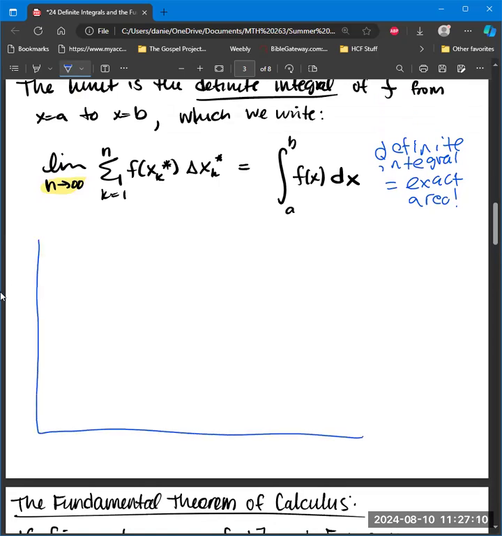So let's look at a function that curves some like this, and we want to go from A to maybe B over here, like this.